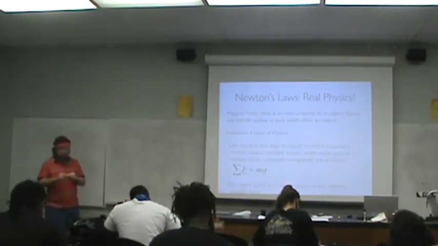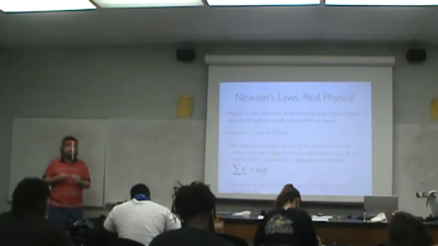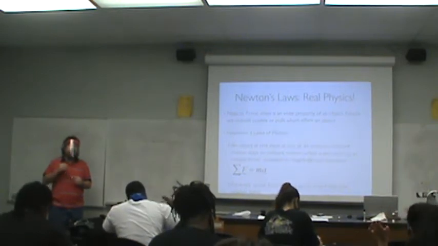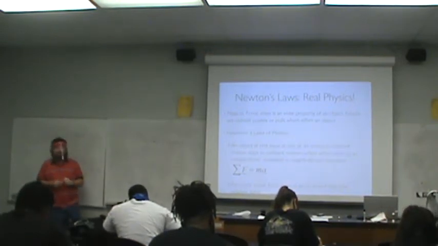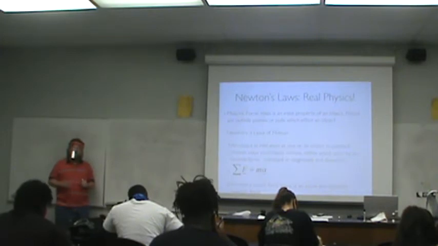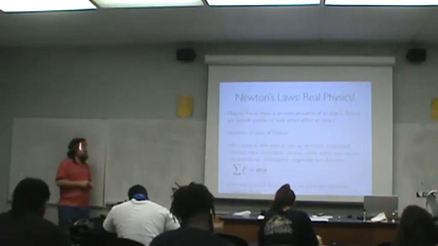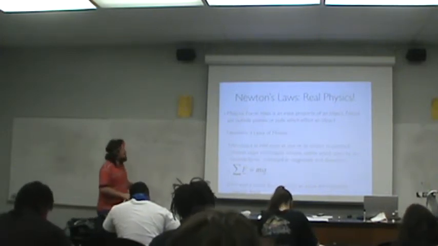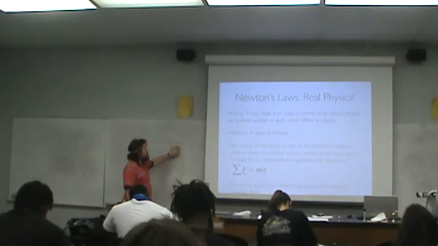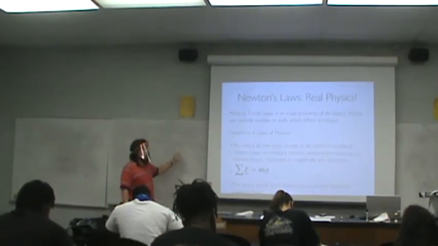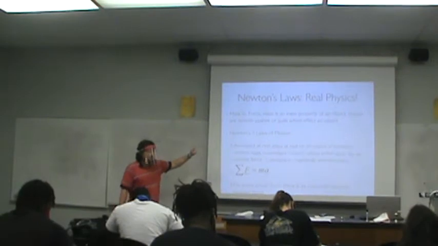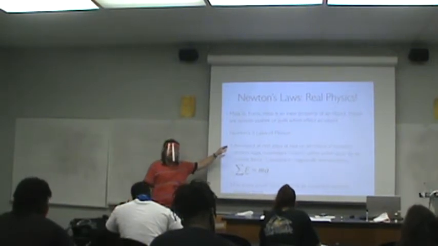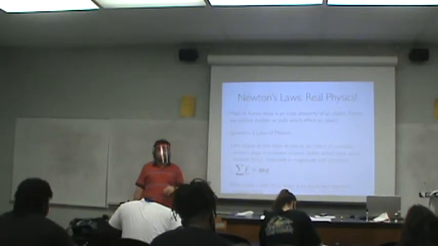Now, who's heard the word inertia before? Okay, good. Who knows what it means? And that's okay. So you're going to learn about it. Inertia is defined as the property of matter that causes it to remain at rest or at constant velocity until acted upon by an outside force.